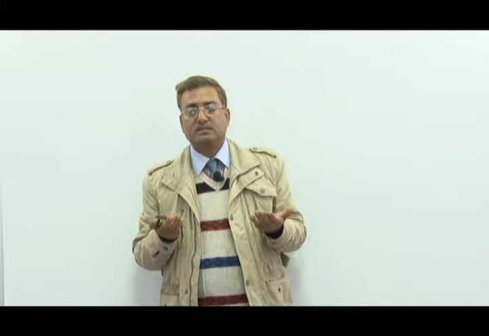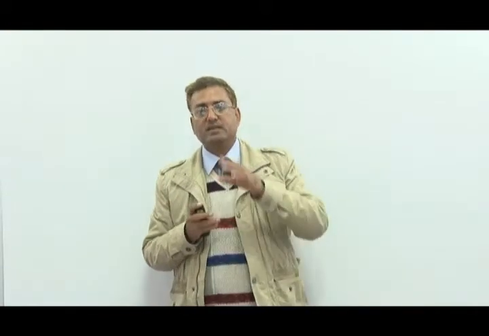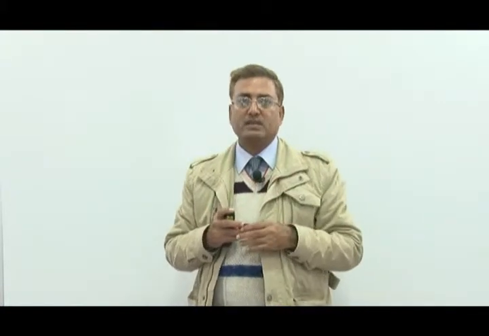The shape functions in terms of the natural coordinate system, that is zeta, eta and xi, are shown here in equation number 2, that is N1, N2, N3 in terms of the natural coordinate system.